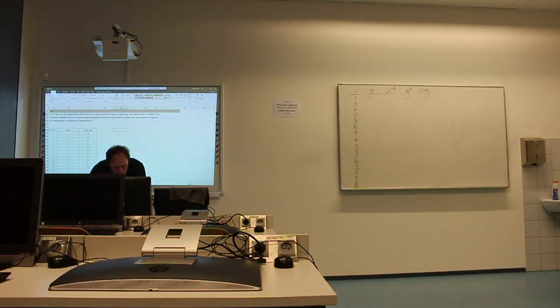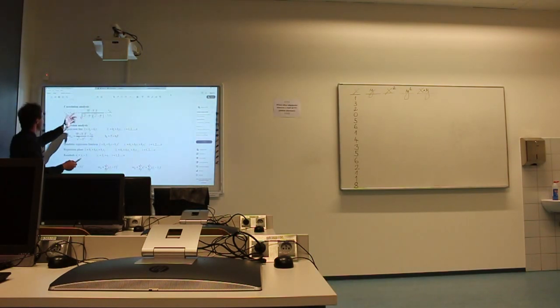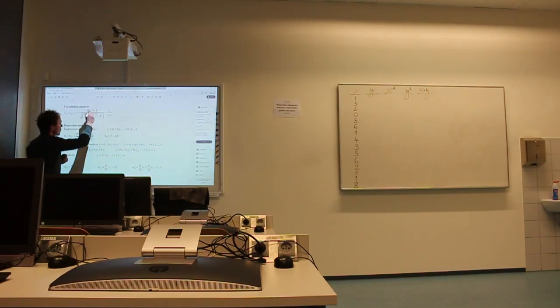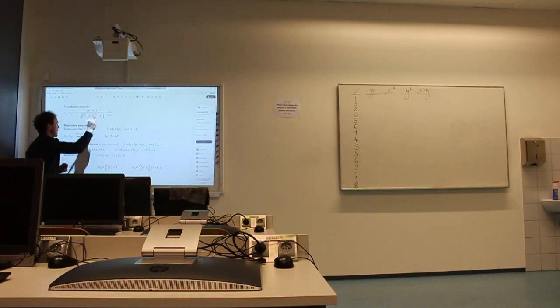Why? Because in the formulas you can see we need to calculate means. The mean of variable x, the mean of variable y, the mean of the multiplication x times y, and the second power, x squared mean and y squared mean.